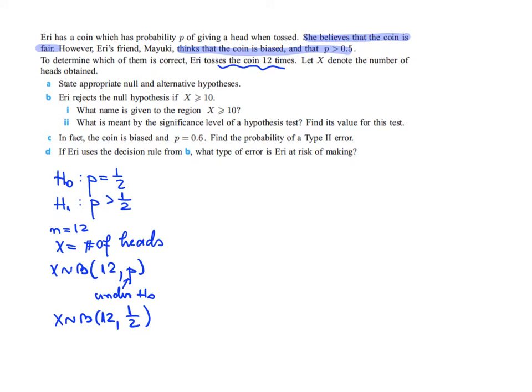I create a diagram to visualize the acceptance and rejection regions. It is a discrete distribution with values from 0, 1 up to 12. I know the shape of the distribution, so I know that the probability first increases then decreases.